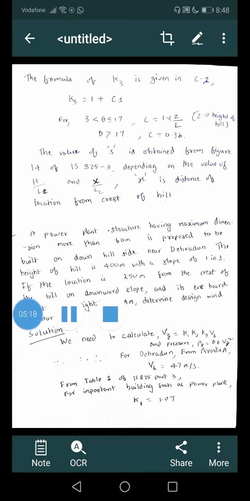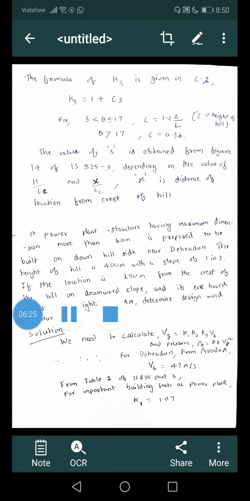Now we need to find K1. K1 is obtained from Table 1. In our question, it is a power plant. So if you look at power plant, go to this fourth category, that is important buildings and structures such as hospitals, communication buildings or towers, power plant structures. The building is a power plant, it is clearly specified, so it is the fourth category.